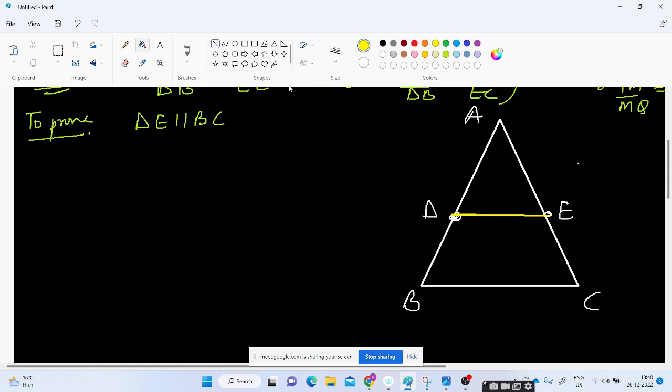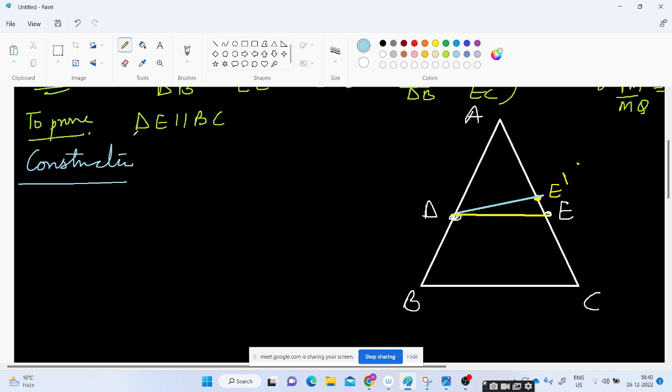So what we assume here, that this is not parallel, we assume E dash is the point for which DE dash is parallel to BC. Okay, so what is our construction? Write down construction.